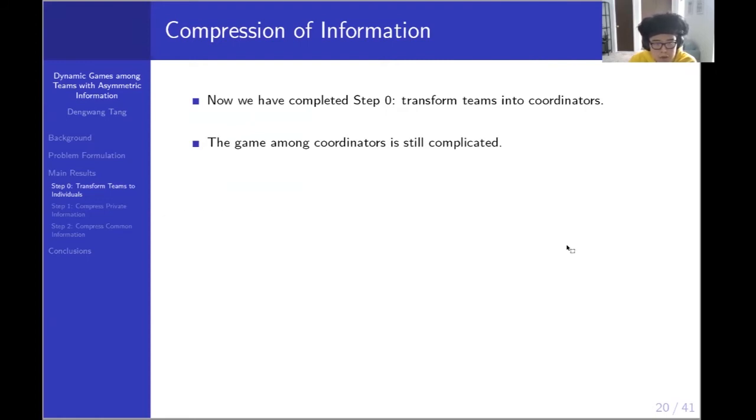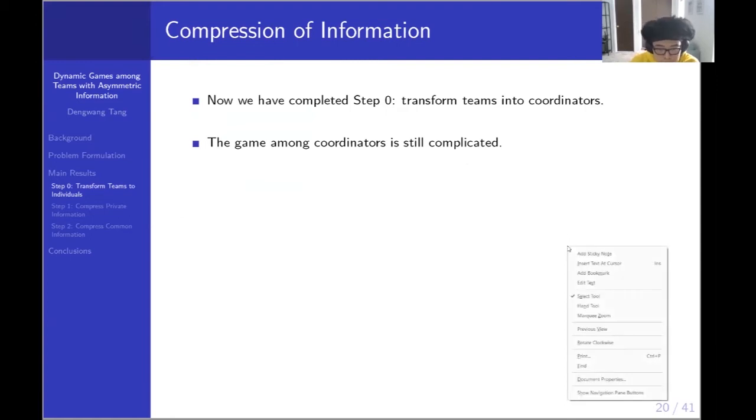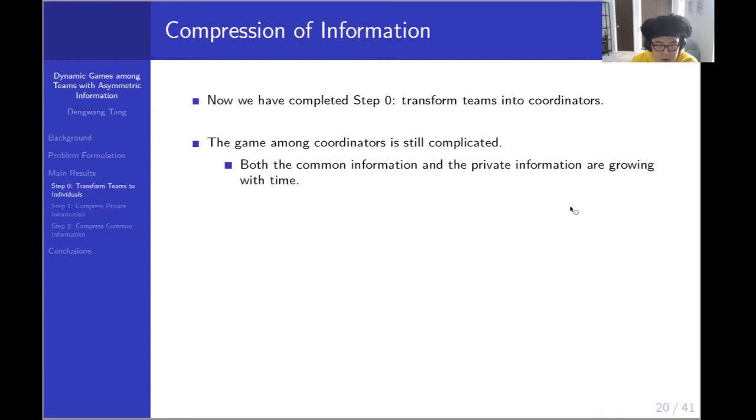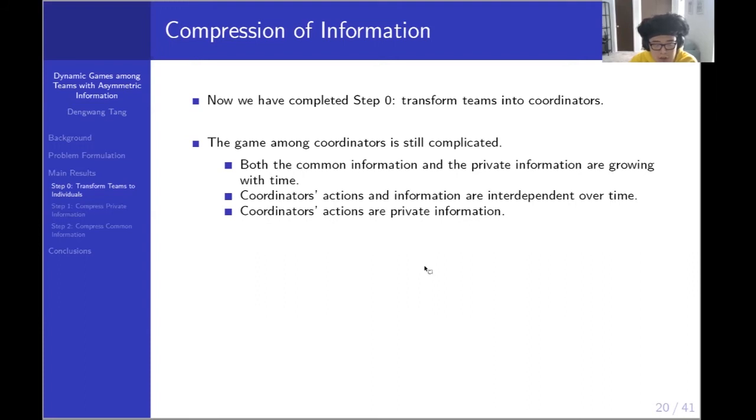However, the game among coordinators, while being a game of individuals, is still a complicated problem, because we still have the challenge that the information is growing with time, and the actions and the information are interdependent over time. And we also have the challenge that actions are hidden, because coordinators assign prescriptions.